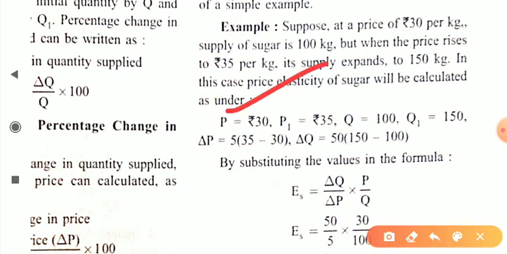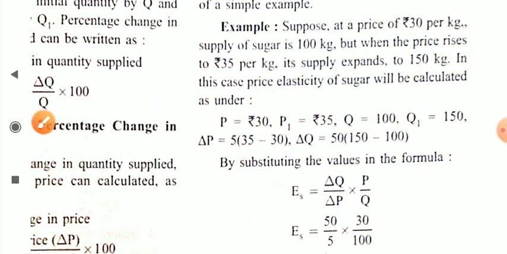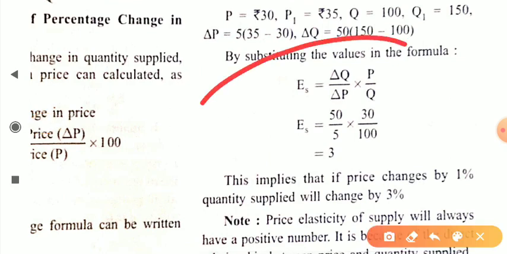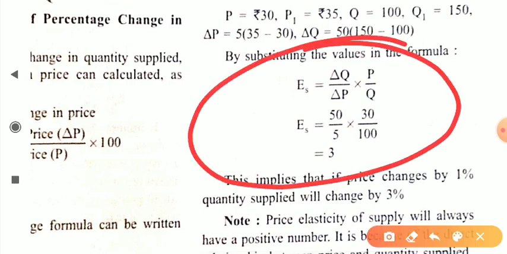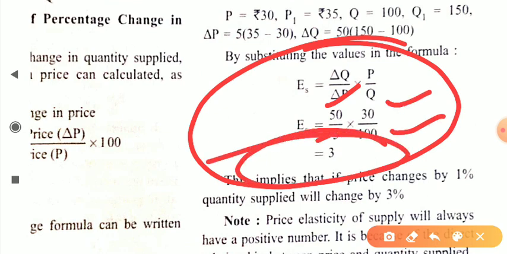P is already given to you, Q is already given to you. Now put these values in our formula, which is elasticity of supply equals ΔQ upon ΔP into P upon Q. Now we calculated ΔQ as 50, ΔP as 5, P is given as 30, Q is given as 100. By solving this, we get elasticity as 3.